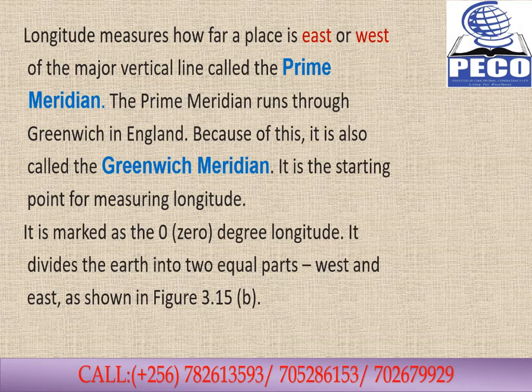That is why when in Uganda it is 7 a.m., in North America, in places like New York, which is to the west of Greenwich, it is still night. When it is night in Uganda, it may be day in Japan, just because of the difference in location away from the prime meridian, or Greenwich.